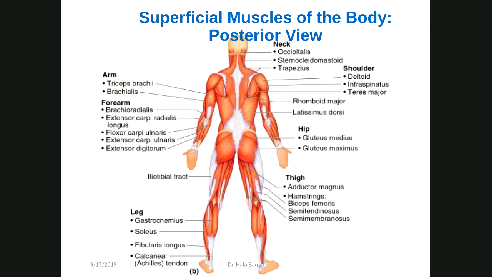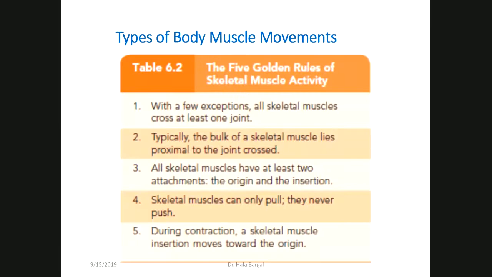Okay, so the muscle could be named after different items. It could be after its location, its size, its action, its shape. The muscle can be named after two or three items.